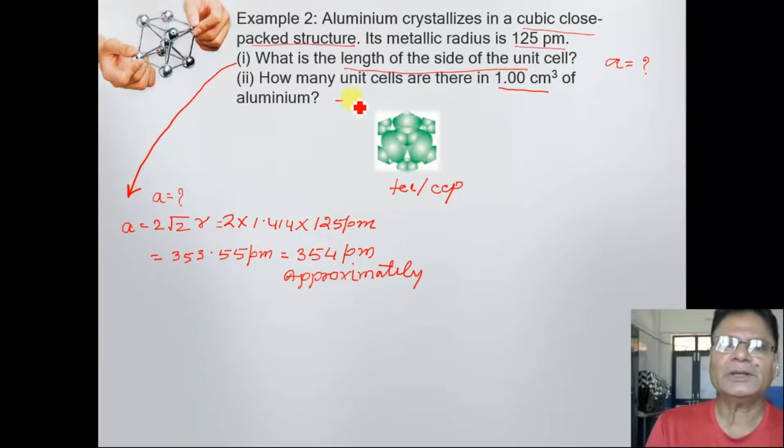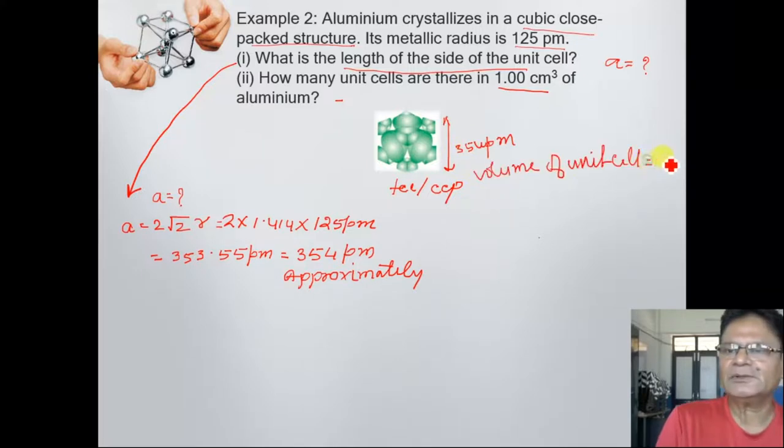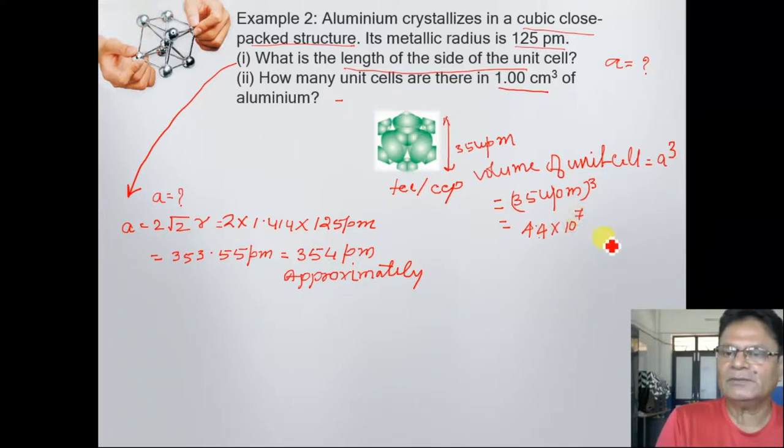Now while answering this, how many unit cells are there in 1 centimeter cube? So its edge length is 354 picometer. Then what will be its volume? Is equal to A cube. Therefore this is equal to 354 picometer cube, and this is equal to 4.4 into 10 to the power 7 picometer cube. It can be converted into centimeter cube.